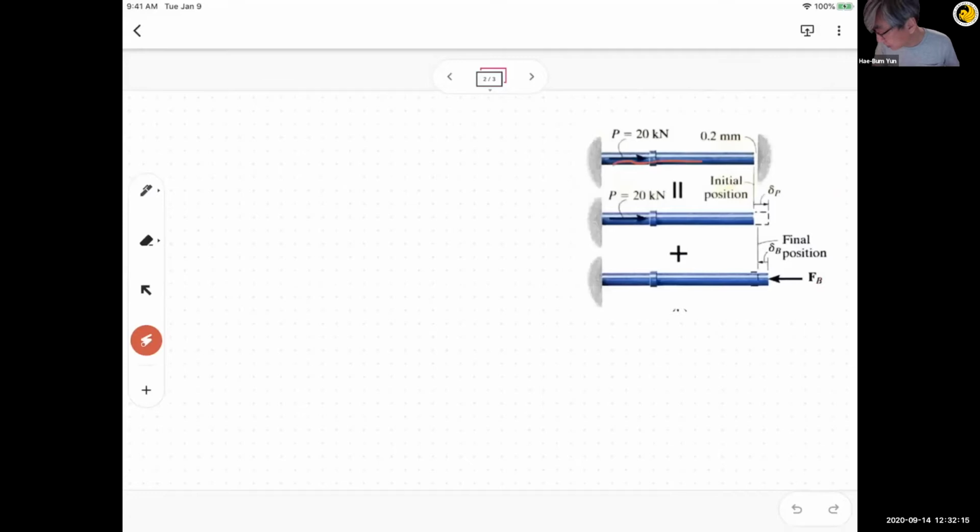This is the problem shown in the question, and you can think of it as a combination of two cases.